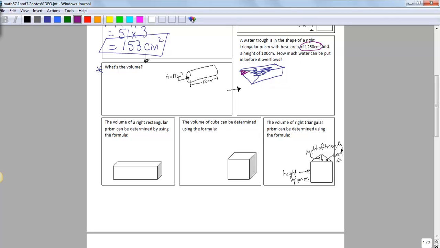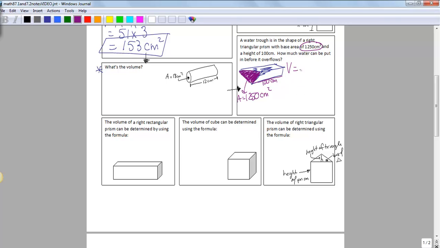If it's a triangular prism, the base refers to the triangle part, so that's the 1,250 centimeters squared. And when it says height, we're talking about this part here, 100 centimeters, because we could have just drawn it like this and it would have been the same volume. So be careful when you read those questions not to let those words throw you off.